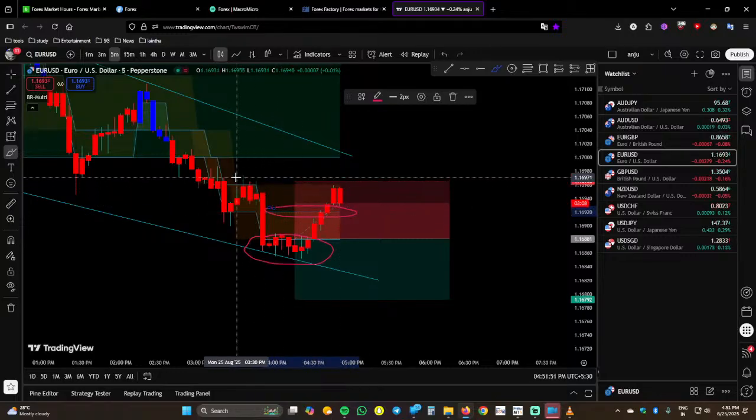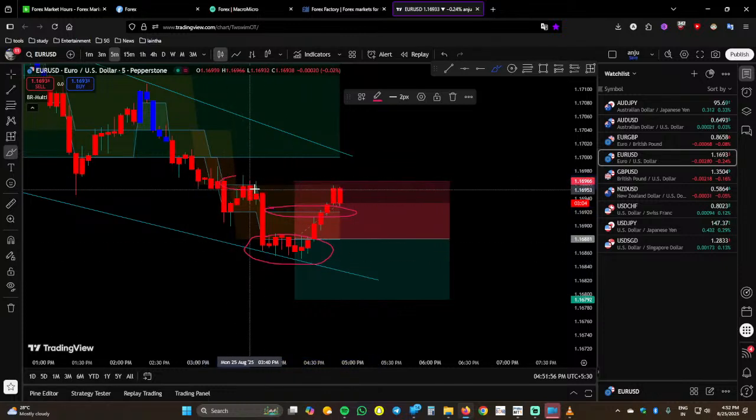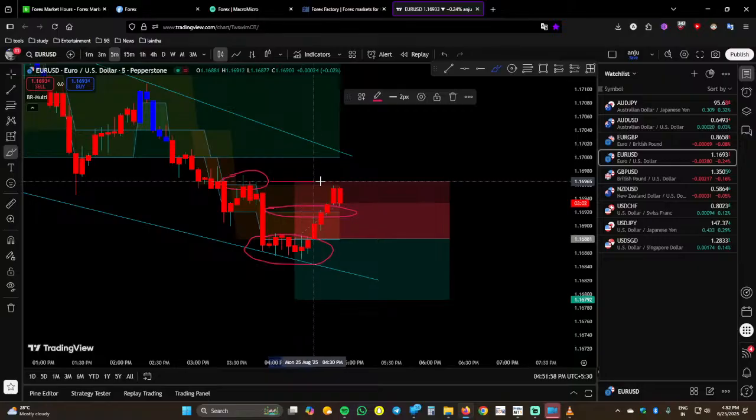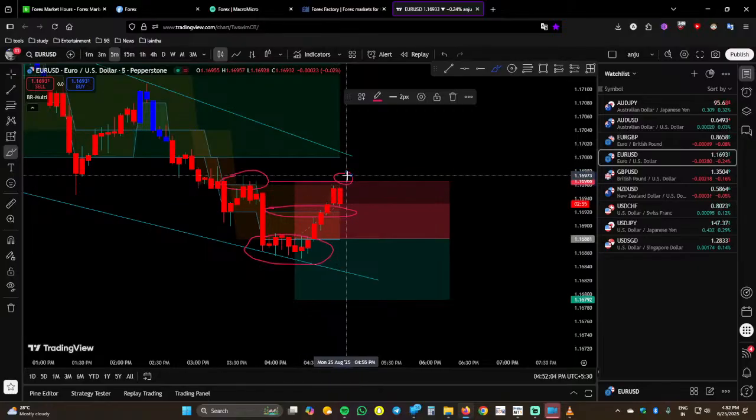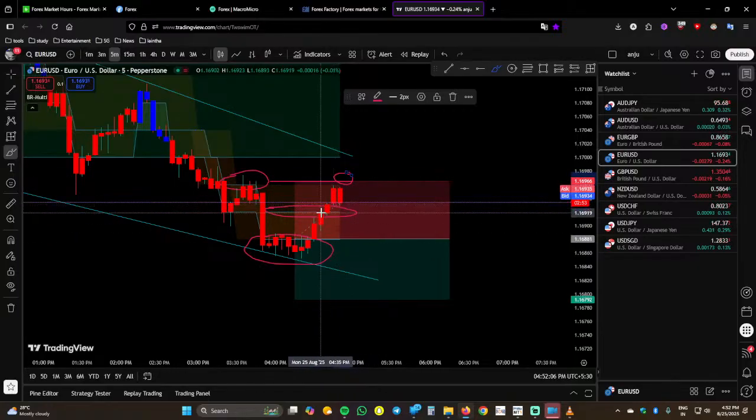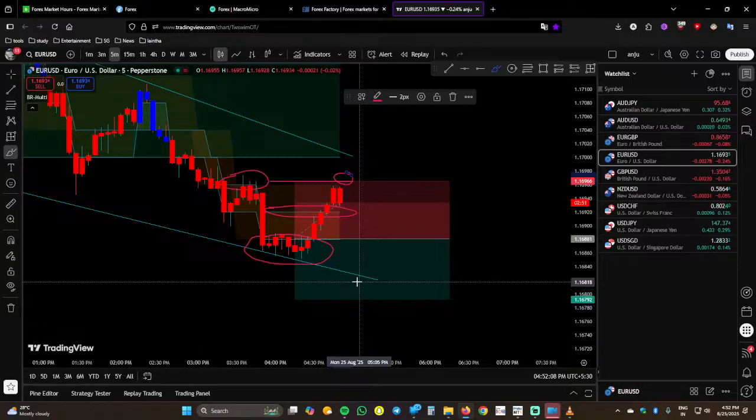So now what we're waiting is, if this trade is still valid, it should hold this level at least. So it should not break this area. If it doesn't break this area, there's a really good possibility that we'll go and reach our targets.